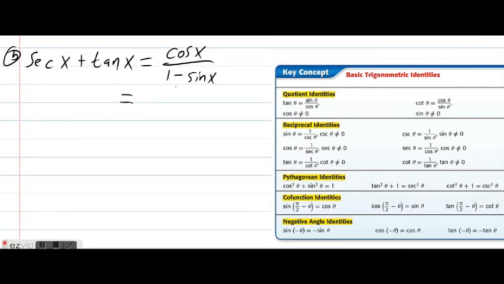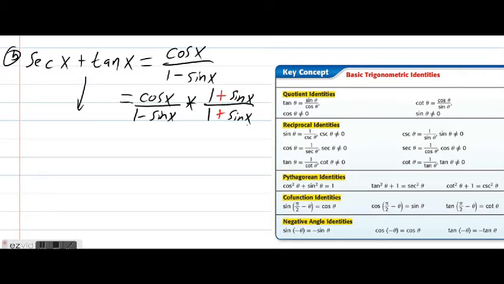Alright? So what we're going to have to do here, in order to get rid of this denominator, I have cosine of x over 1 minus sine of x, and you notice I'm not writing anything over here, times 1 plus sine of x over 1 plus sine of x.